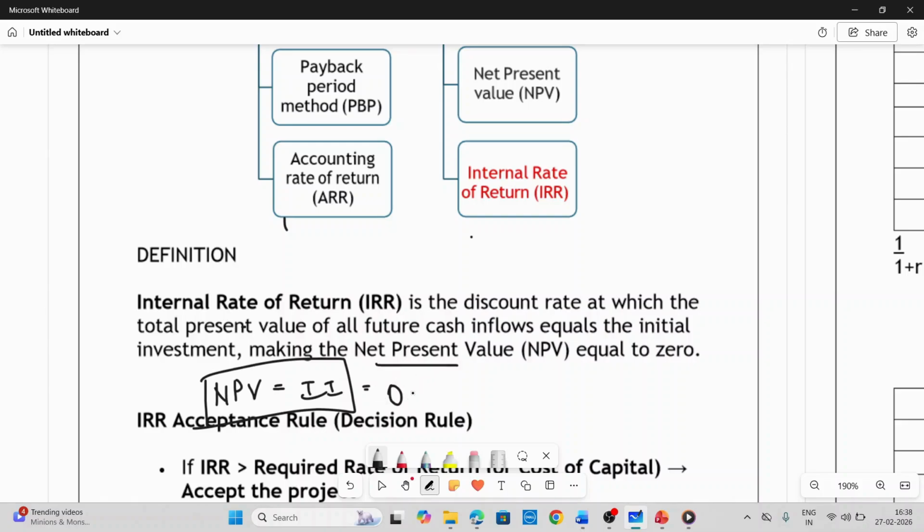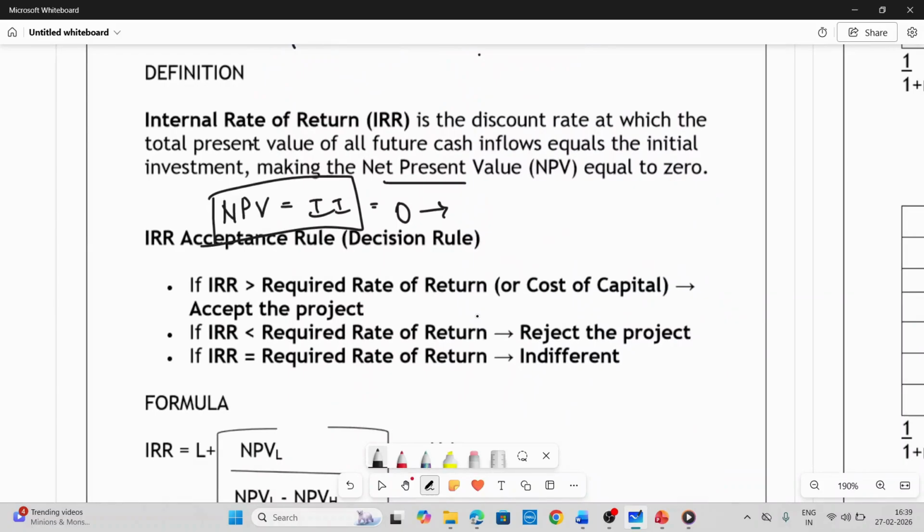That means there will be no money left to give. So basically IRR is the expected annual rate of return a project or an investment is likely to generate. So how do you decide whether to accept or reject based on IRR?